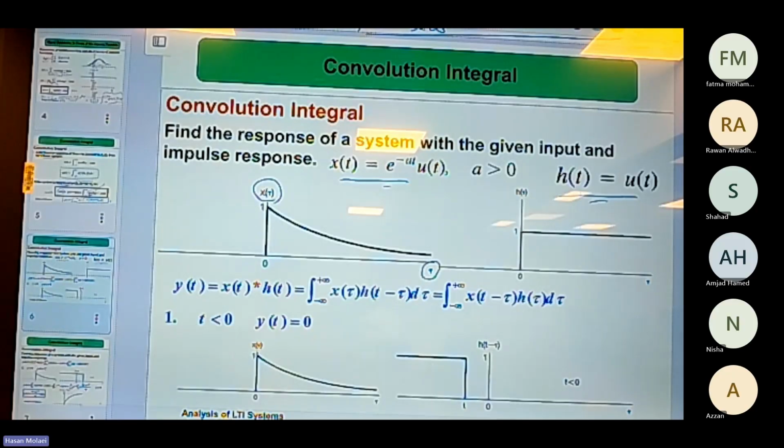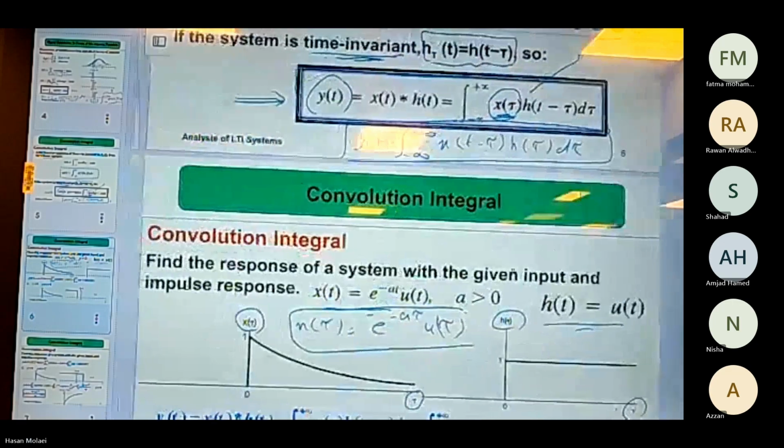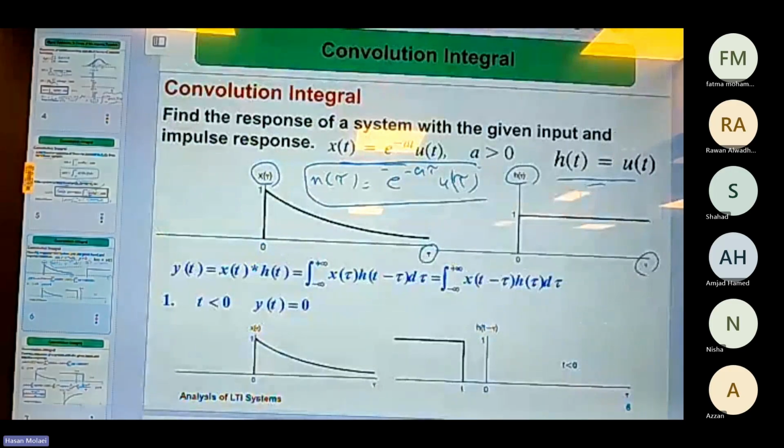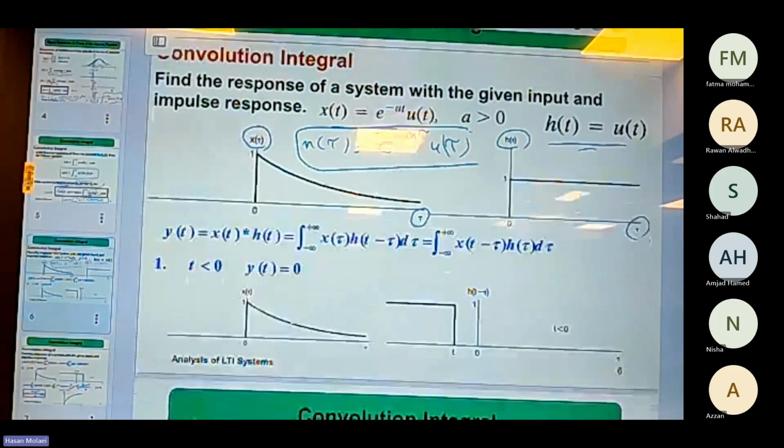So x(tau) is e to the power of minus a tau u(tau). And again I change the variable for h, since I'm looking for h(t minus tau).